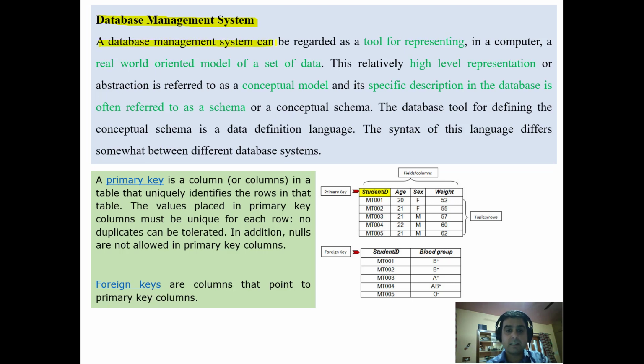A database management system can be regarded as a tool for representing in a computer a real world oriented model of the set of data. This relatively high level representation or abstraction is often referred to as the conceptual model, and its specific description in the database is often referred to as the schema.